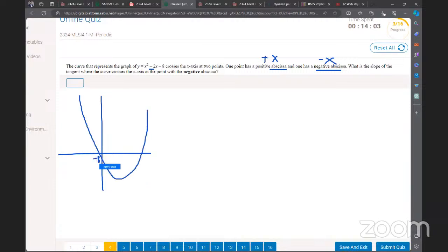So it will cross the x-axis at 2 points. It is very clear that one will be negative and one will be positive, as mentioned here. So what is the slope of the tangent where the curve crosses the x-axis at the point with the negative abscissa, which means the negative root?